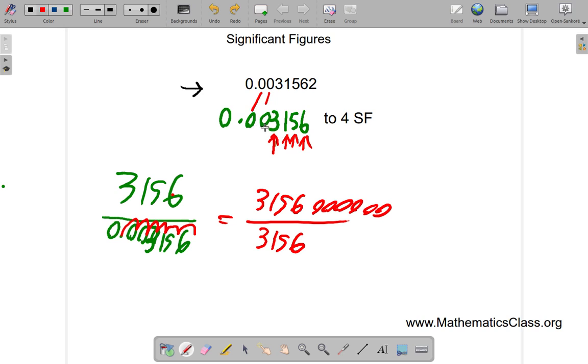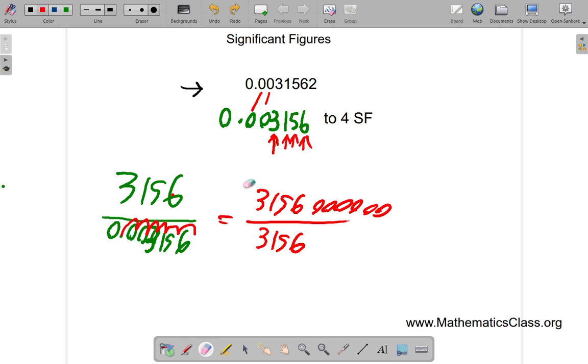You need to put in these zeros to show the size of the number. Right? They're not considered significant figures, but they show the size of the number. Alright? So 0.00 something, a small number, much smaller than 1.